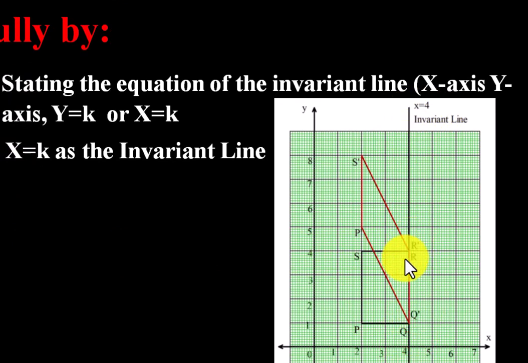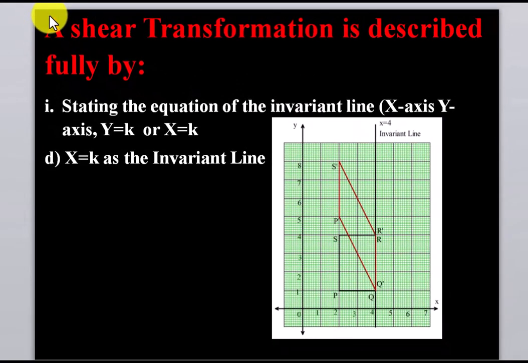Q prime, R prime are not moving, they are on the invariant line, because points on the object that are on the invariant line do not move. But on the opposite side, we have the points that are not on the invariant line. They move in a direction that is parallel to the invariant line as seen here. P to P prime, S to S prime.